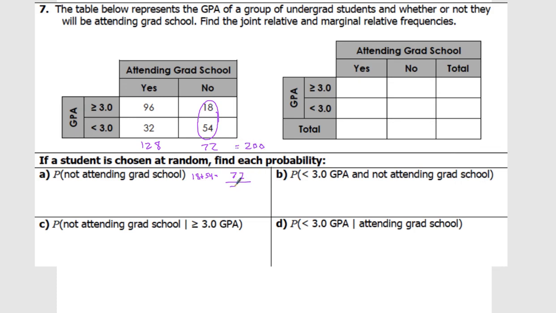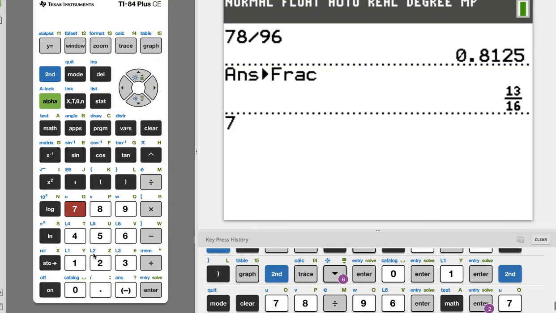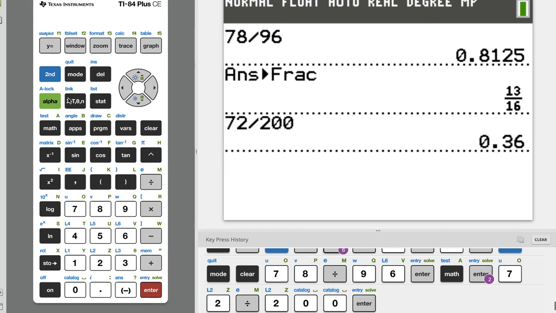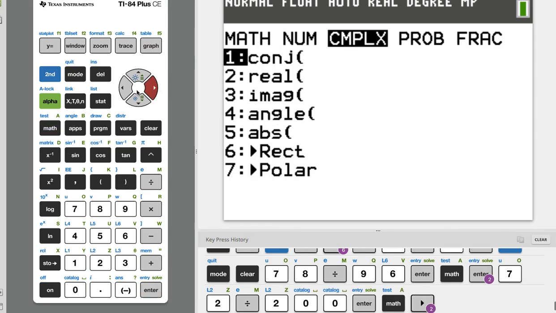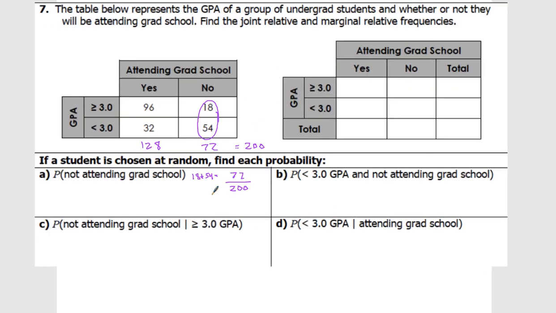So it'd be 72 out of 200, which simplifies. Math frac. 9 out of 25.